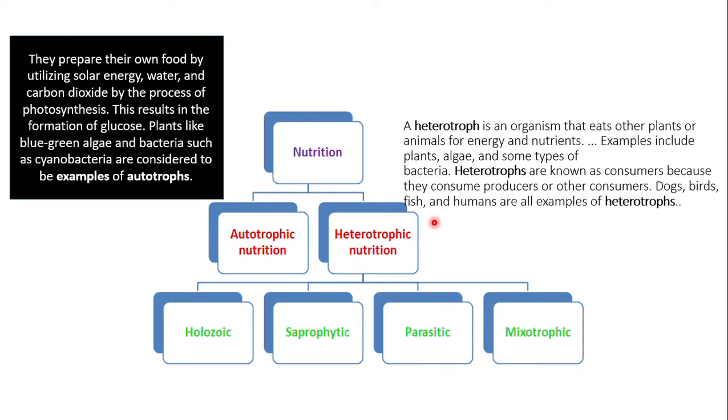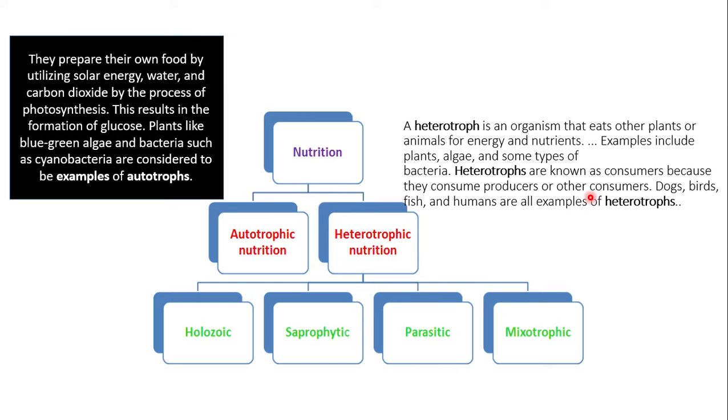Dogs, birds, fish, and humans are also examples of heterotrophs. So we humans and other organisms which depend on other organisms for food are called consumers. So this plant is a producer.